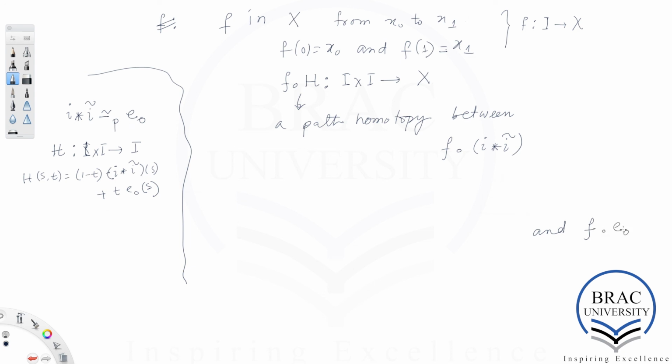And by using the second key fact, we can write it as f composed with I star f composed with I twiddle.